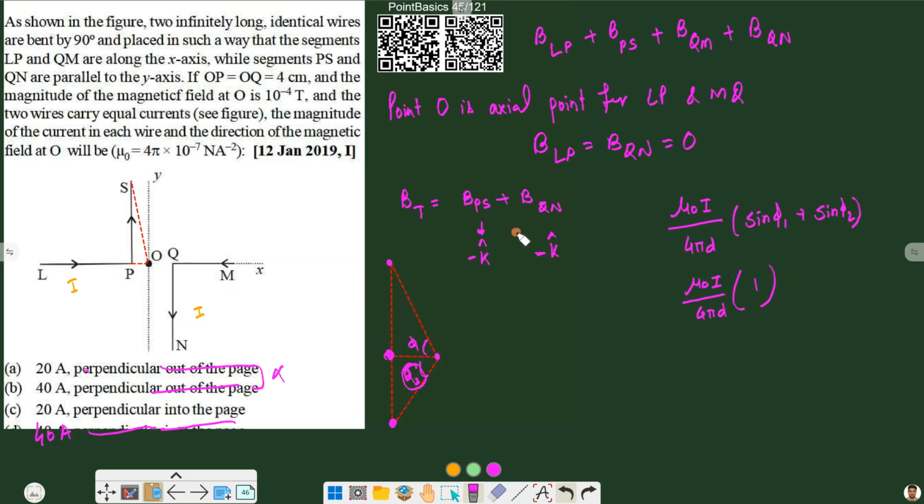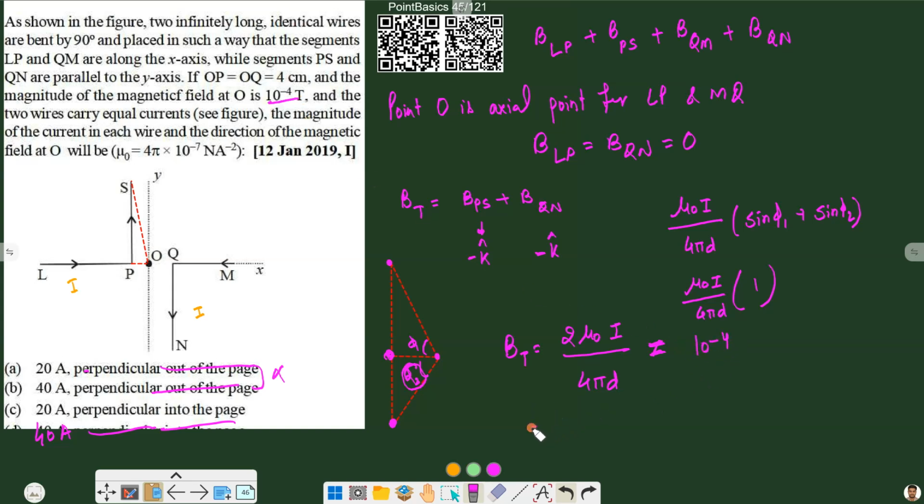Both of these magnetic fields are in the same direction, so they will be added, and our total magnetic field will become twice of mu naught I by 4 pi d, and its value is given equal to 10 raised to power minus 4 Tesla.